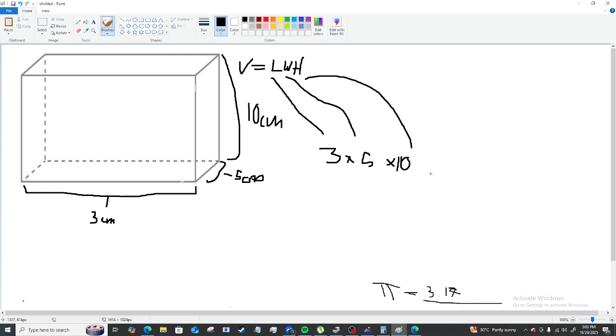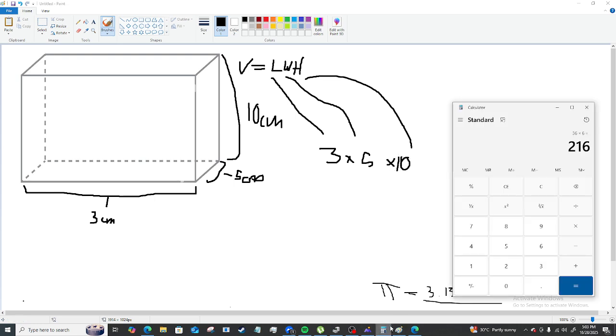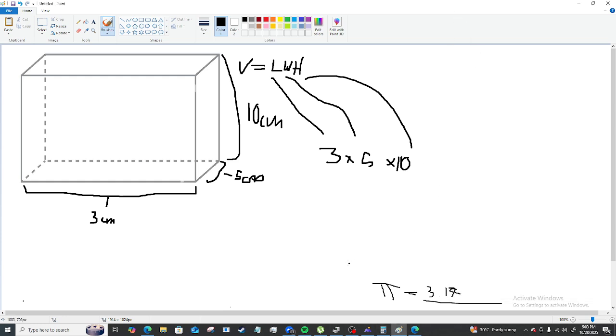Now let's solve it with a calculator. 3 times 5 times 10. 15, 15 is 150. Answer is 150.